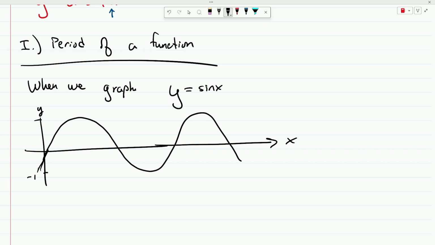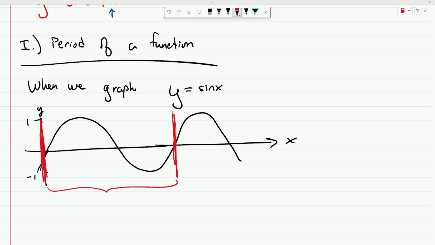So there's -1, there's +1. And notice here, it goes up, it goes down, it goes up, it goes down. But the big part about this is it repeats itself. In fact, it repeats itself from right here to right there.